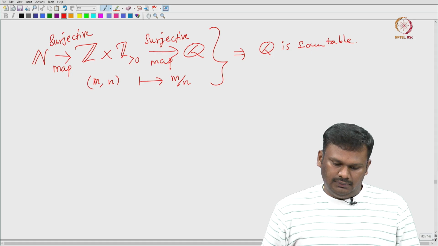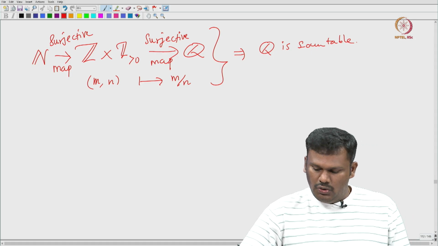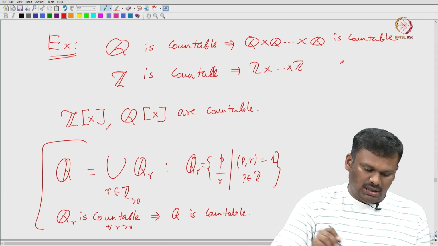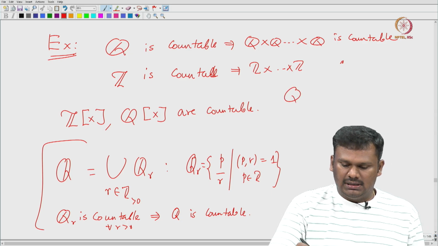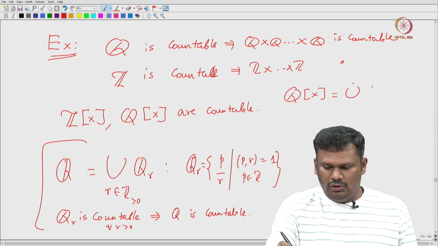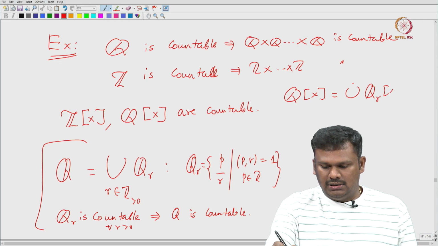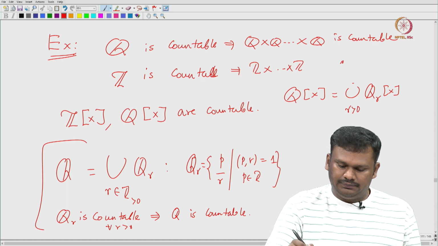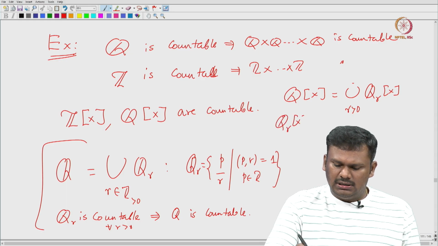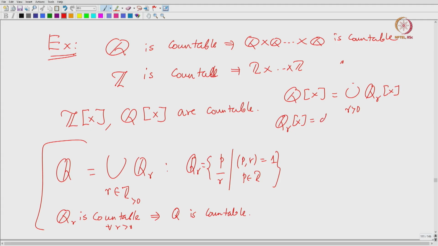So, now the way you go about this Q[x] or H[x]. You can actually write Q[x] as a union of, indeed a disjoint union of, Q_r[x], where r comes from the non-negative integers, where Q_r[x] is by definition the degree r polynomials.